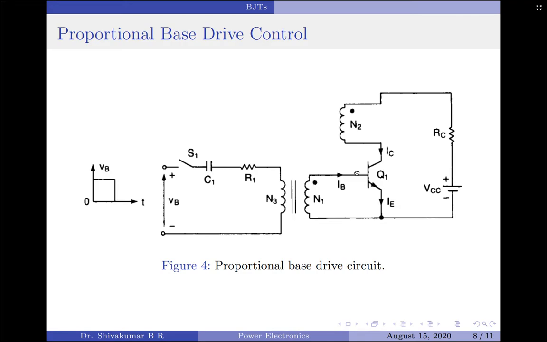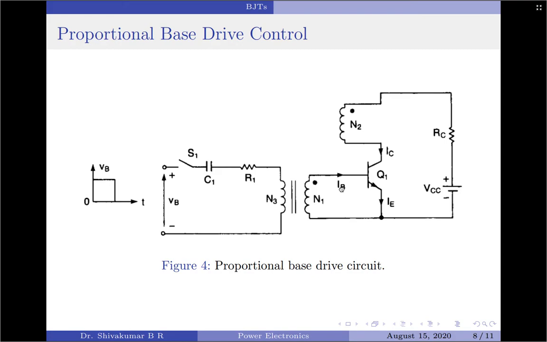Now coming back to the operation, the transistor, when the collector current rises, will latch on to itself and now S1 can be turned off. The turns ratio is given by N2 divided by N1, which is equal to the collector current divided by the base current, which is equal to the current gain beta.